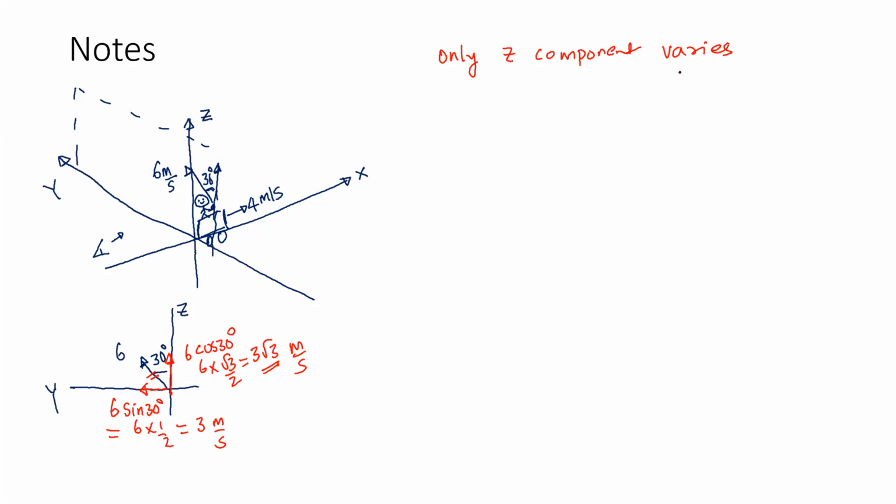Now we have to understand, whenever you drop anything from a moving vehicle, that object will have the initial velocity of the vehicle. That's just inertia. Are you guys with me? So that means this stone has 4 meter per second along x, 3 meter per second along y, and then it has this vertical velocity.